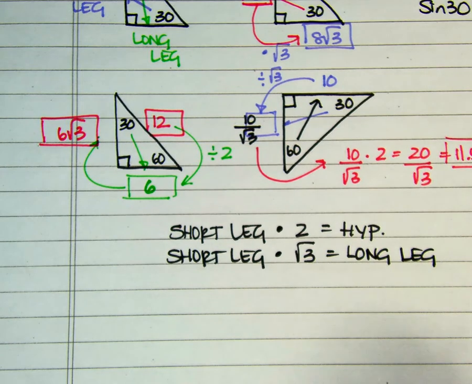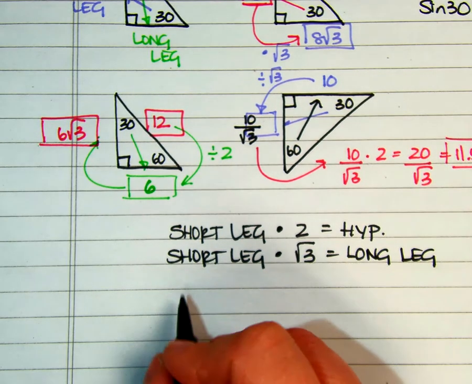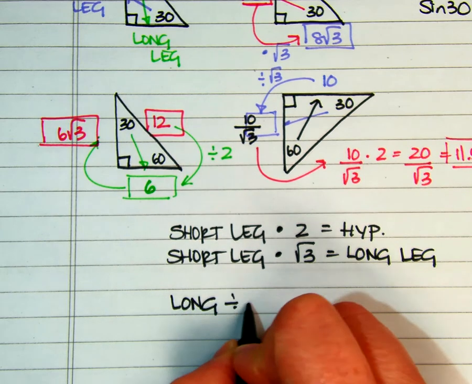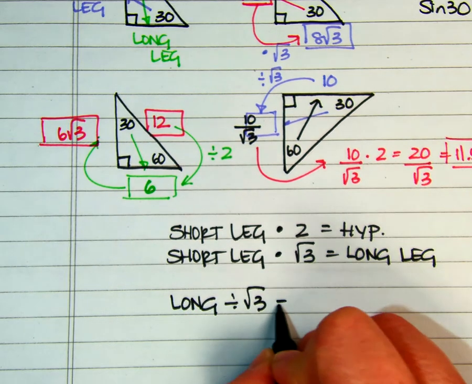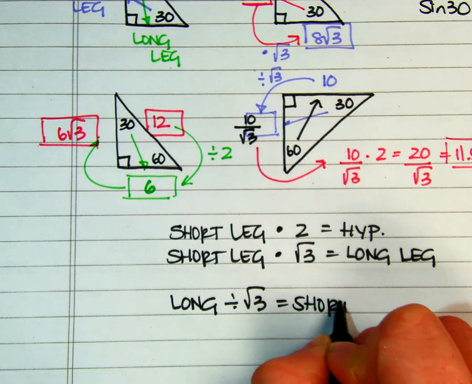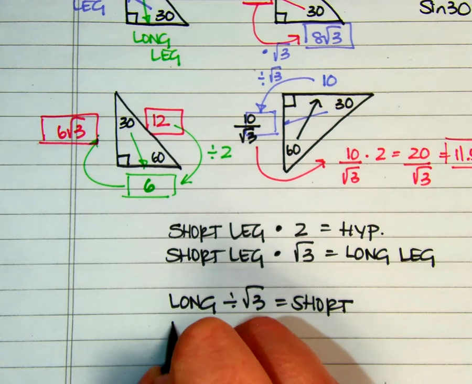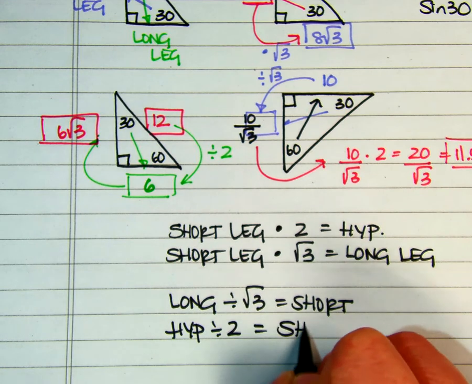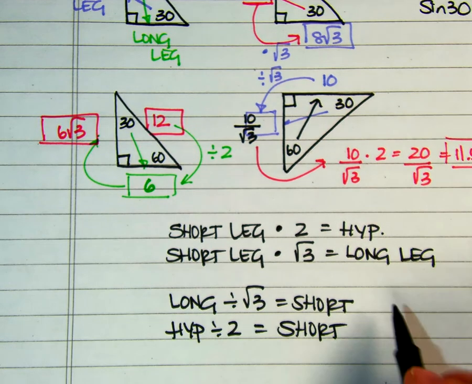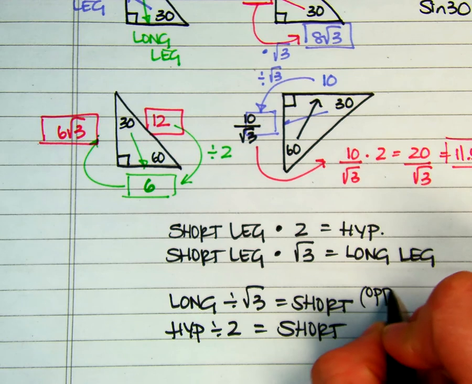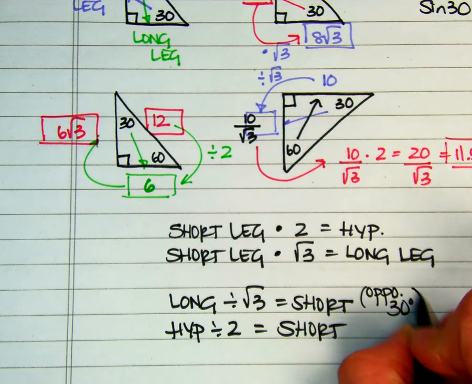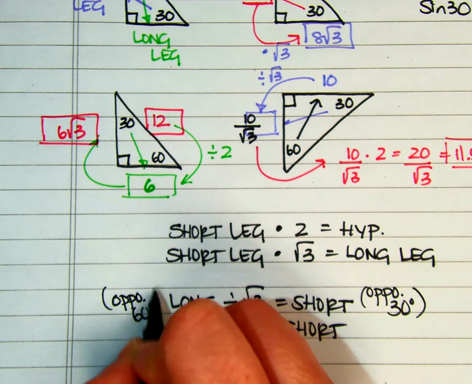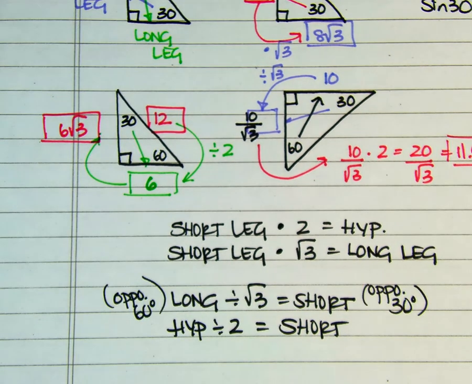Or you could say that the long leg divided by the square root of 3 gives you the short. And you could say that the hypotenuse divided by 2 gives you the short. Remember, the short leg is opposite the 30, and the long leg is opposite the 60 degrees. And that is it.